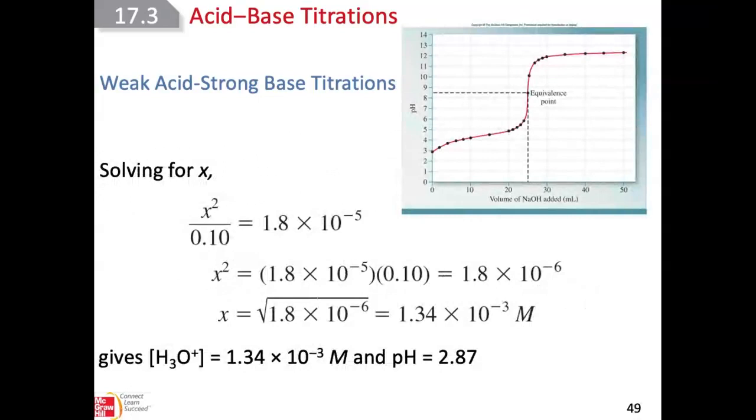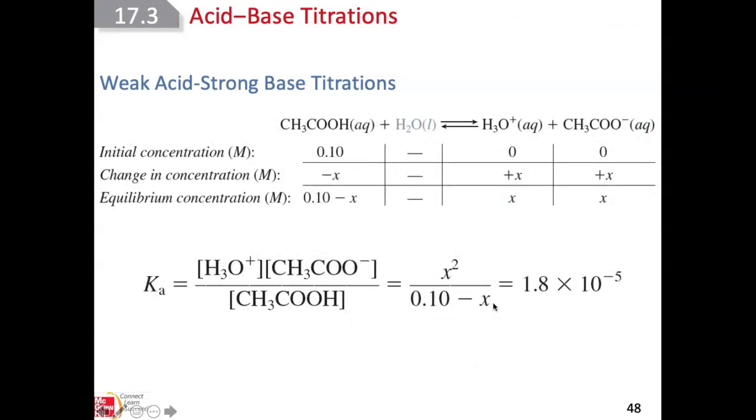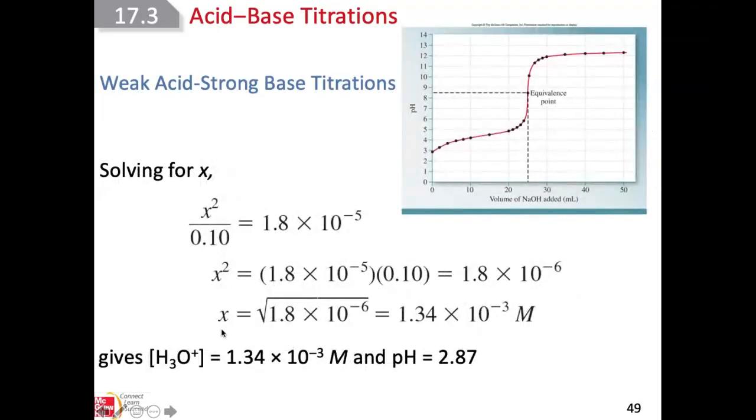As you can see, we simplify this expression 0.1 minus x to about 0.1 because Ka is very small, and we are solving for x, and x is the concentration of hydronium ion. When we put this into the expression for the pH, we will find the pH of that weak acid is 2.87, and that's what we will see over here.